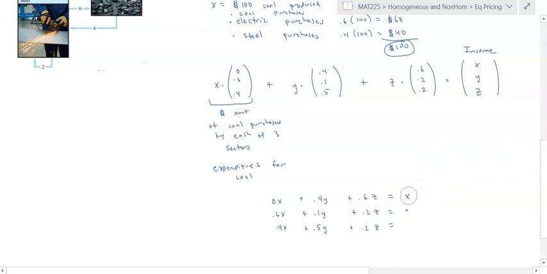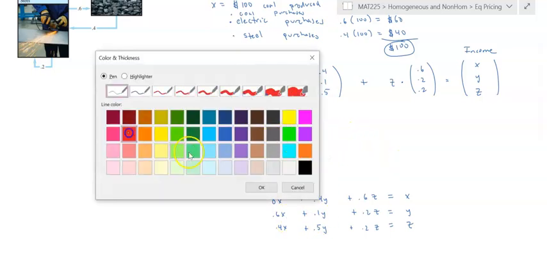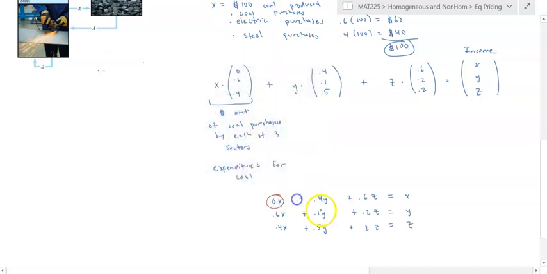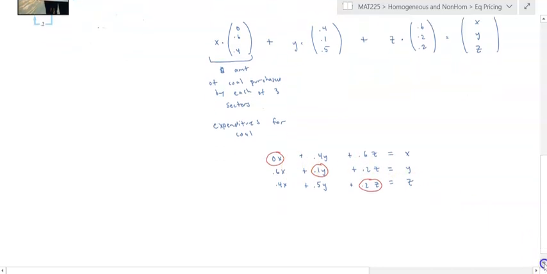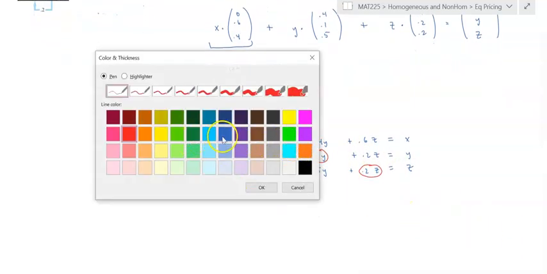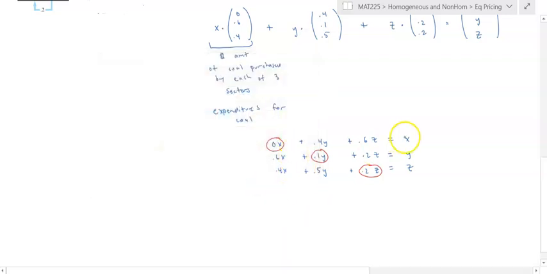So if we put these values in here in the system of equations, notice that an interesting thing happens here, and that is that these three terms represent the fact that there is some internal expenditure by each of these three sectors. Not so much for coal, right? Because when we move that X over before we solve this system, we would subtract 1x, 1y, 1z, and this would give us negative 1x plus 0.4y plus 0.6z equals 0.